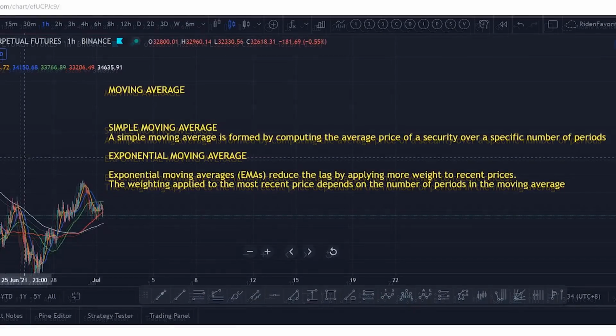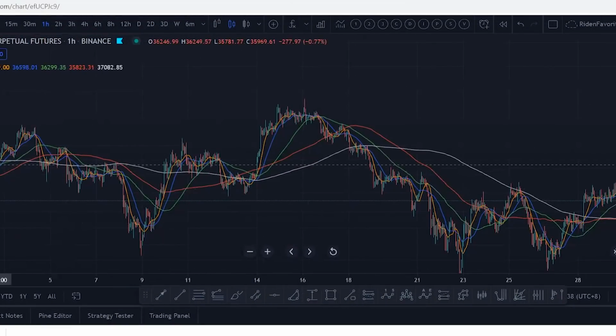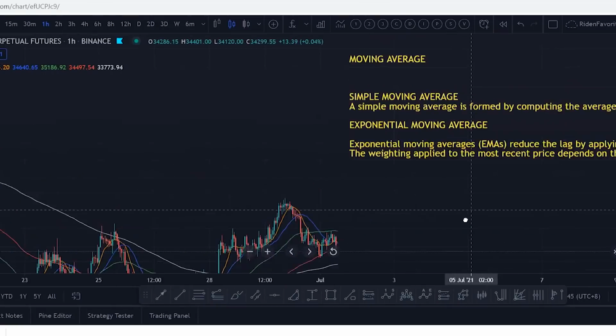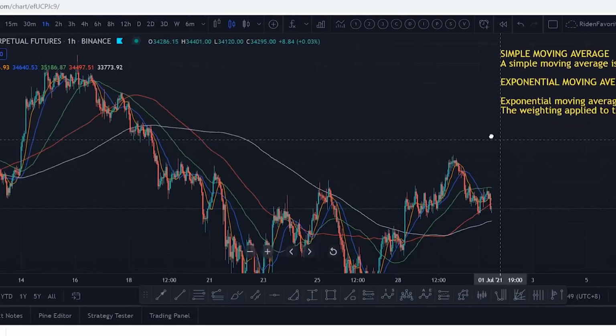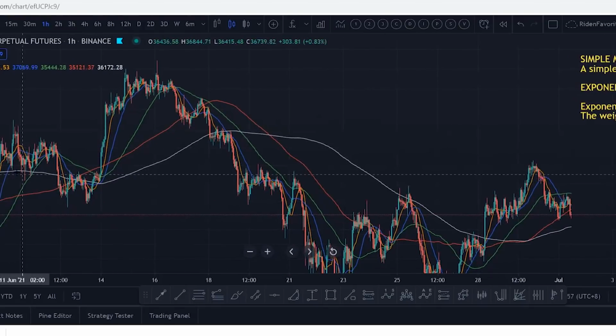So moving average, if you can see on my chart, this is the line that you can see here near the price action. So what is this moving average? Actually, this is the average of the specific period that you want to analyze. So for example, I have a moving average 200, the white line.